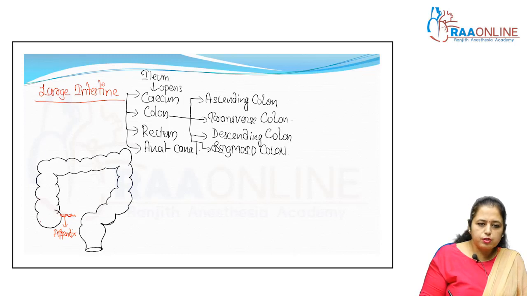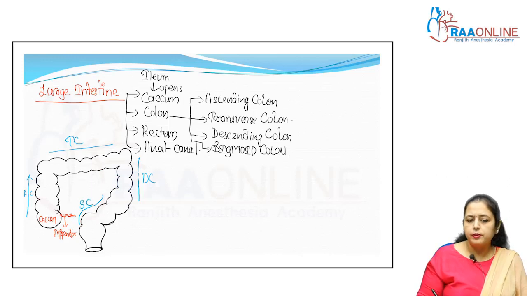That portion is known as the cecum, right? The portion which goes upward is called the ascending colon. This portion is called the transverse colon. This is called the descending colon, and the S-shaped part is called the sigmoid colon, right?